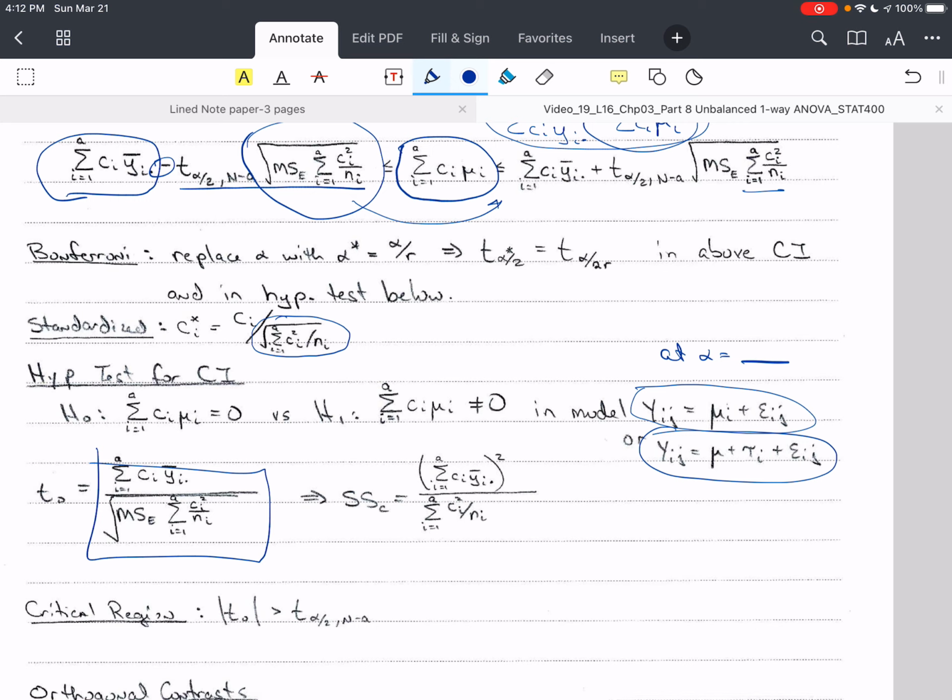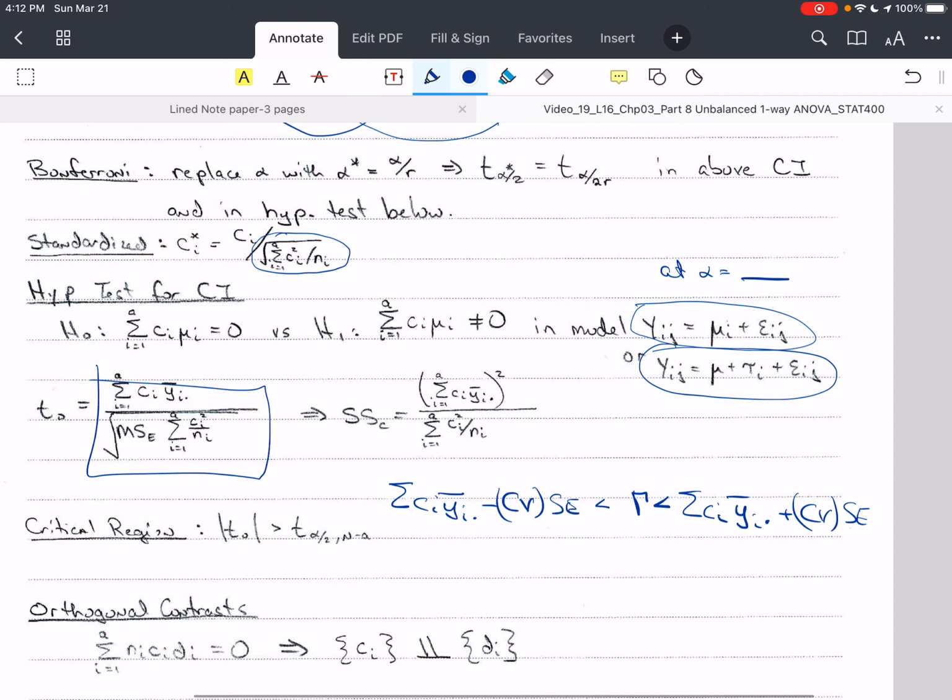So we've got the sum of ci yi dot bar minus t, I'm going to just say the critical value, CV times SE, and we've got gamma in the center, and then we've got the sum of ci yi dot bar plus CV SE.